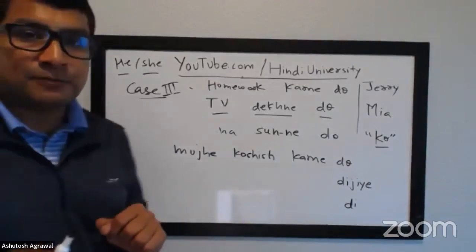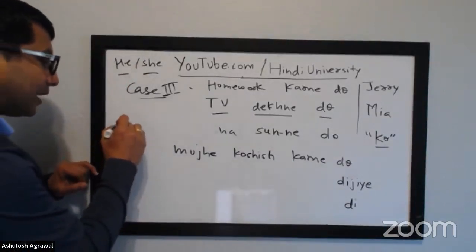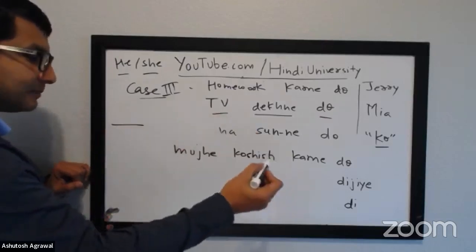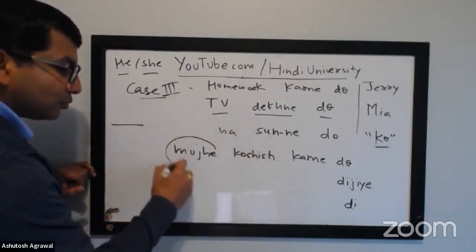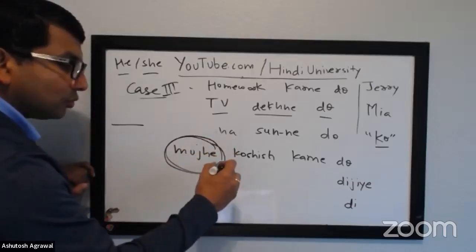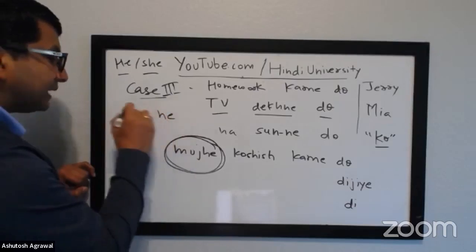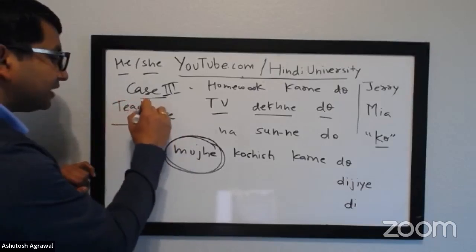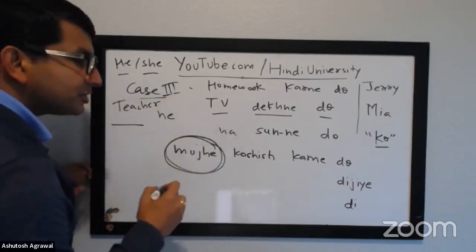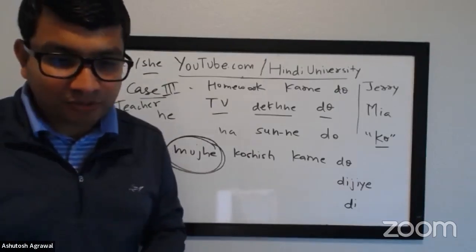Okay, so it's a little bit more advanced, but let's say you have someone who let you do something. Whoever is permitted is governed by ko, mujhko. Whoever is allowing in the past, it would be ne. So if you have teacher, so teacher ने Sharon को कोशिश करने दी. Teacher let Sharon try it out.